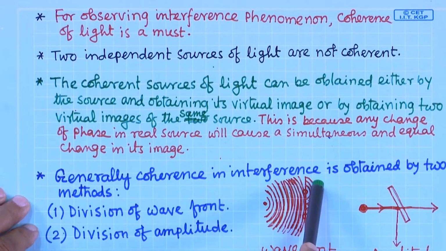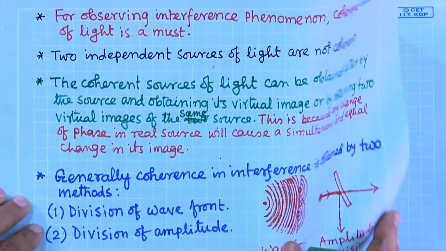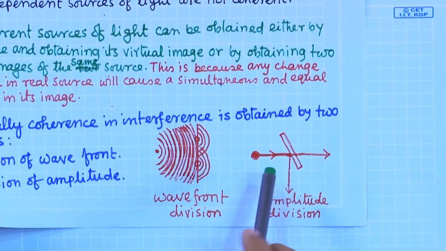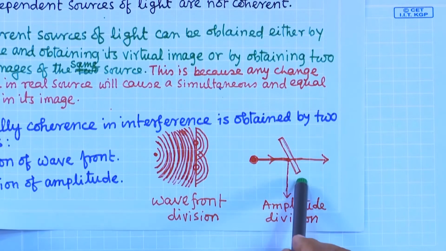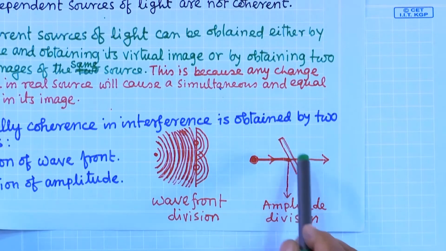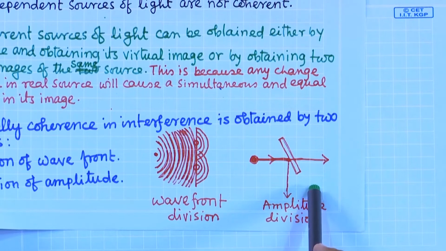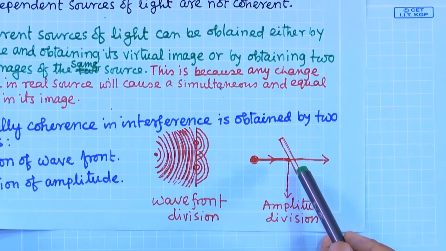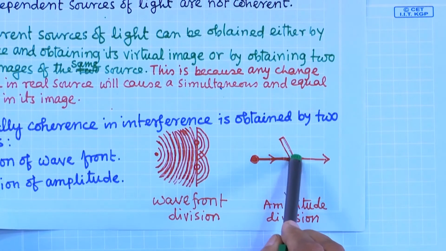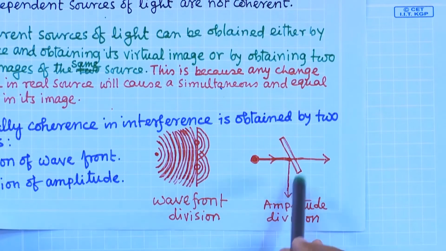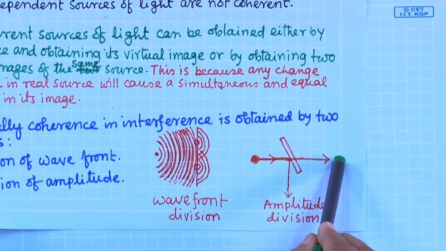Okay. So, this is a division of wavefront, and division of amplitude is basically, so this is the source, light is coming. So, here basically you have a beam splitter or half silver glass plate. Okay. So, it can reflect as well as it can refract. So, from this glass plate one part is reflected and another part is transmitted. Okay.